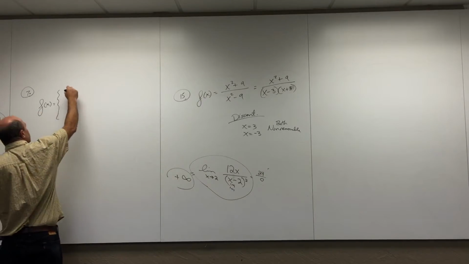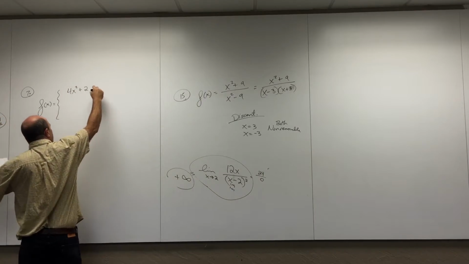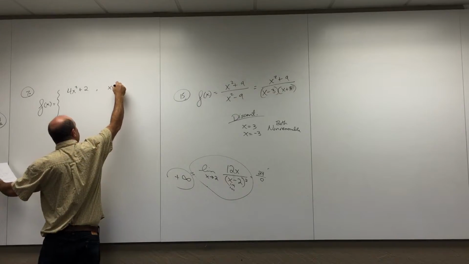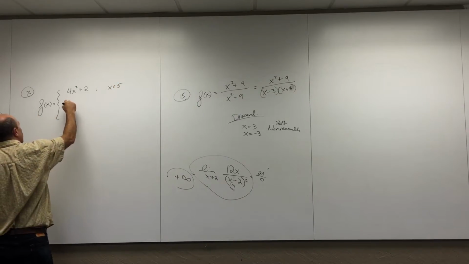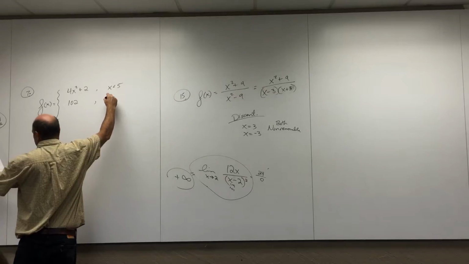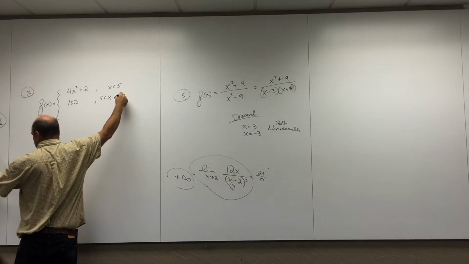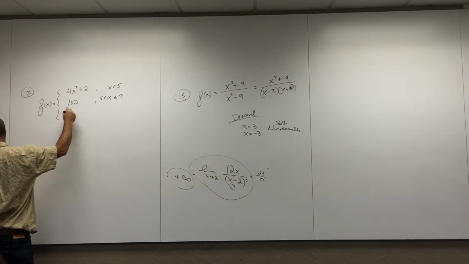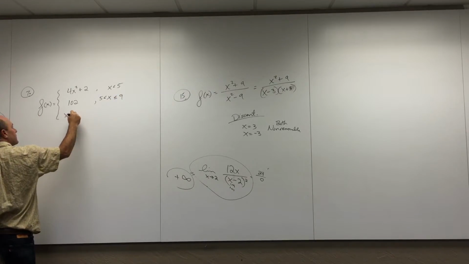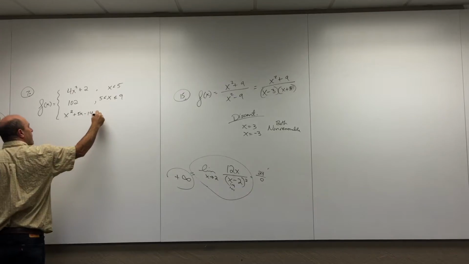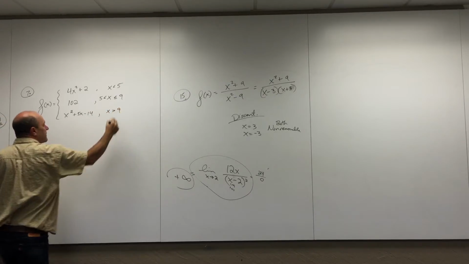It was 4x squared plus 2 when x is less than 5. It was 102 when x is greater than 5 but less than or equal to 9. And then it was x squared plus 5x minus 14 when x is greater than 9.